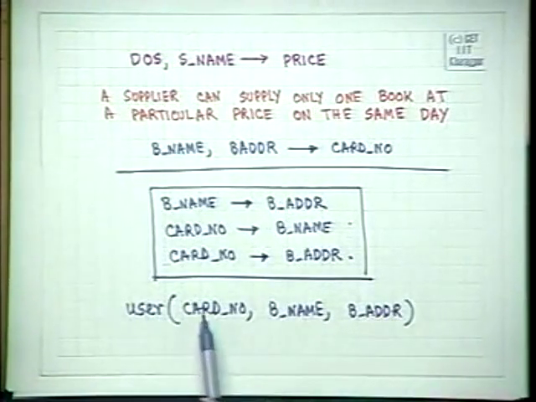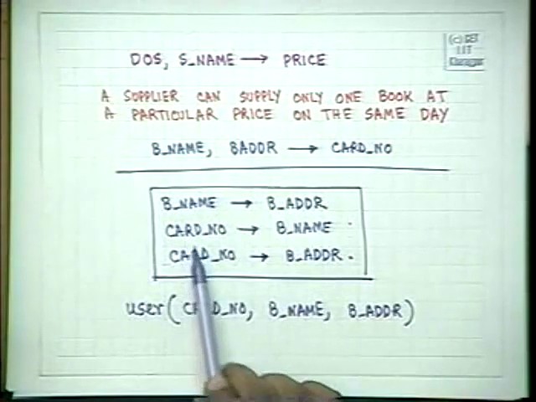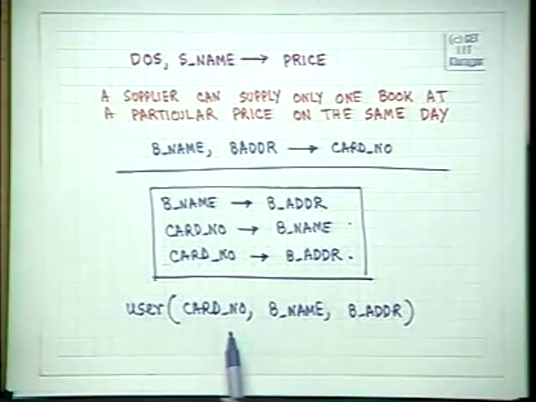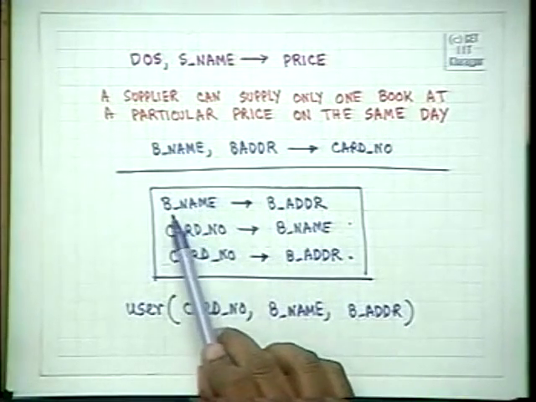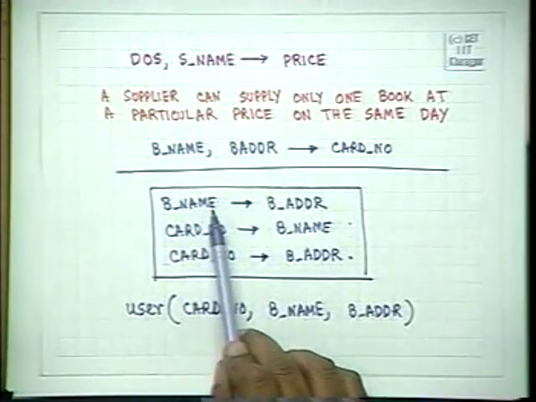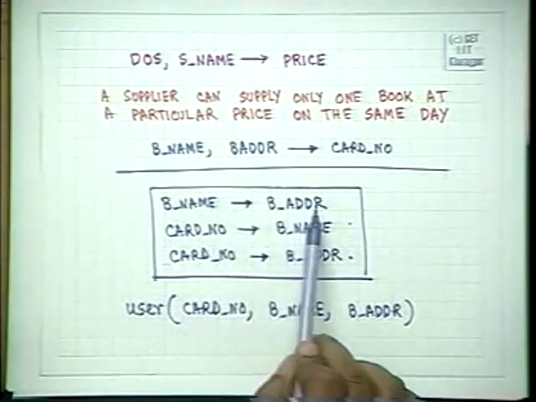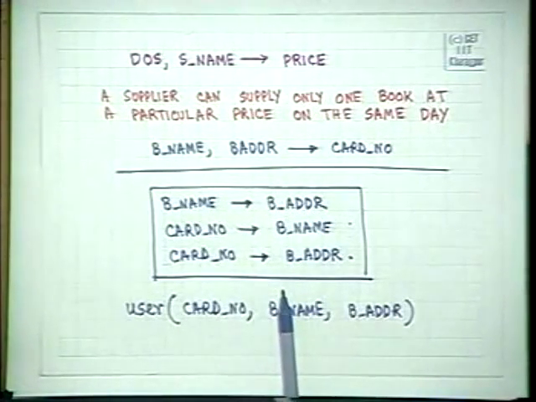This means that card number becomes the primary key because all other elements are dependent on it. However, borrower's name, if it is same, borrower's address must be same, in the sense that we cannot have two people with the same name and different address.